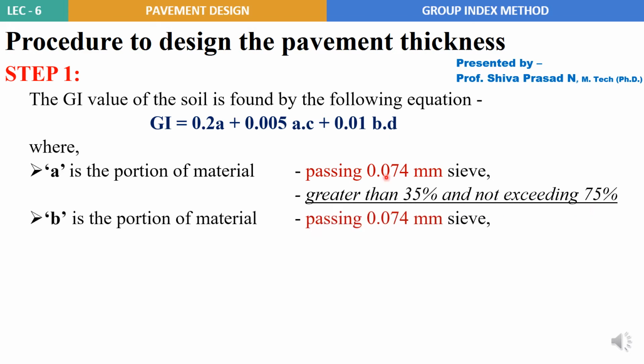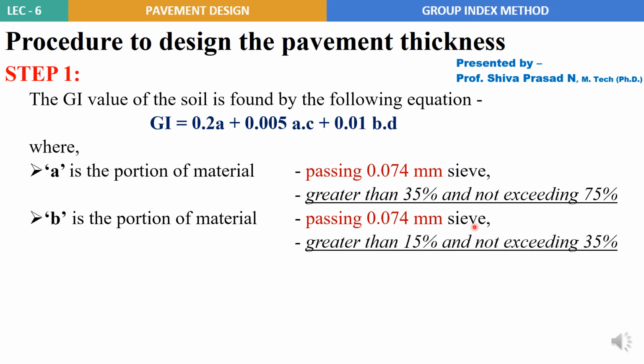Next, the variable b in this equation is that portion of the material passing 0.074 mm sieve, and the range is greater than 15% and not exceeding 35%. Within this range, whichever excess falls, that is what is considered as the value b.